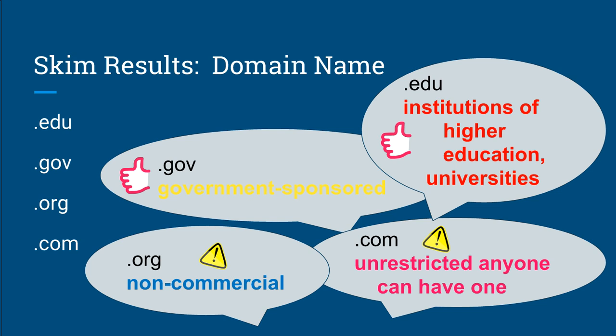First of all, you're going to want to take a look at the domain name. You've got the .edu, .gov, .org, .com. So .edu is your higher institutions, your universities, .gov your government-sponsored, .org your non-commercial, and then .com is unrestricted. Anyone can make a .com site.